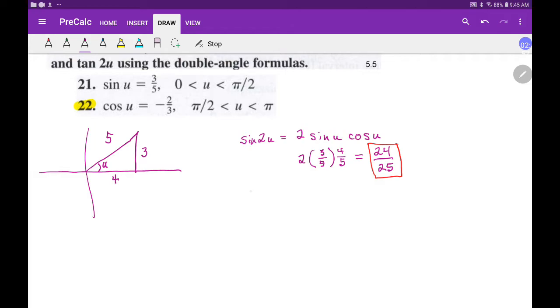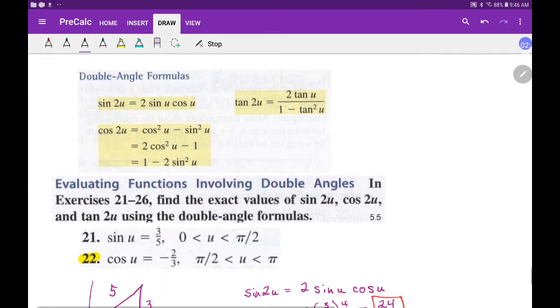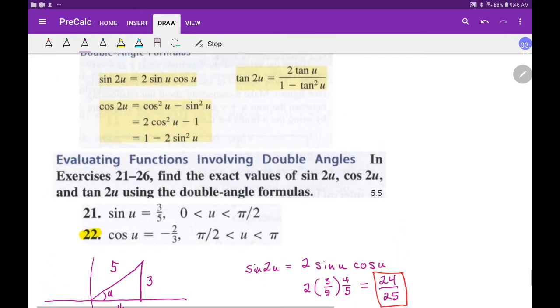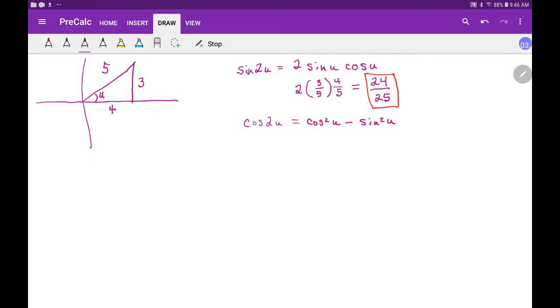How about the cosine of 2u? Well, let's see, the cosine of 2u, we look up there and we say, what is it? Oh, okay, we'll use this one right here. And so we say, okay, cosine squared u minus sine squared u. Is that right? Sine squared u. Yep, that's right. Okay, so, well, let's see.